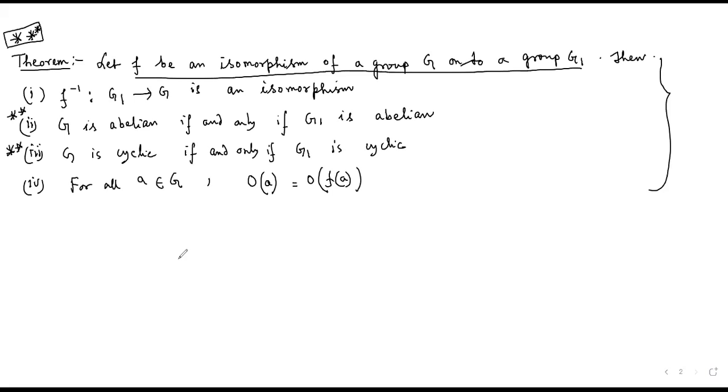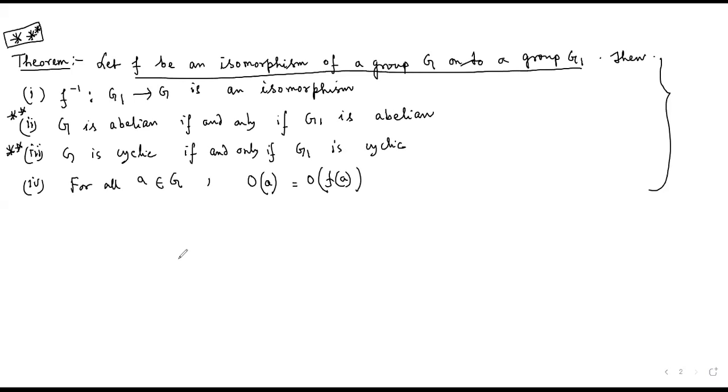We cannot identify its structure well. Then if somehow we are able to define an isomorphism from this structure to another group, and we can show that the domain and codomain are isomorphic to one another, then all the characteristics of the codomain will be transferred to the domain.